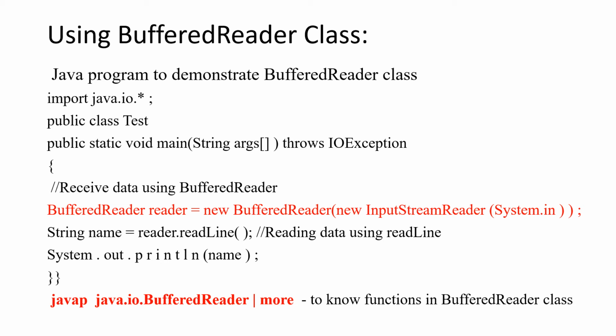Suppose you want to know the different methods defined in the BufferedReader class, you have to write the command javap java.io.BufferedReader | more. BufferedReader class is contained in the java.io package. Here the pipe symbol and more are used to get screen by screen output of the method names.